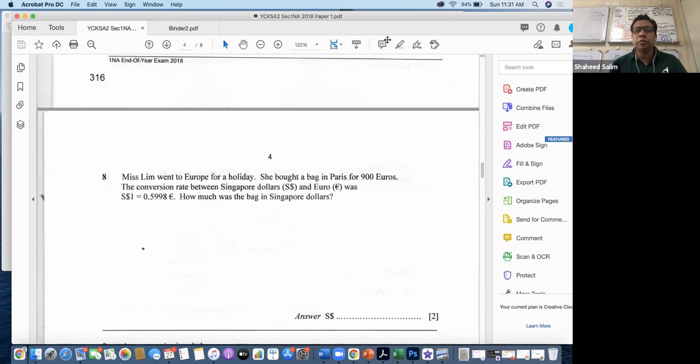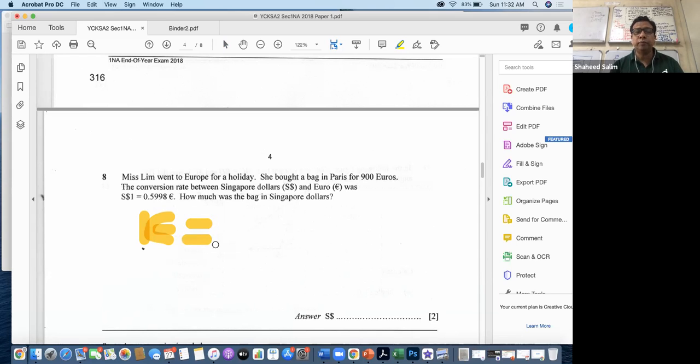Okay, so all you need to do is find out what €1 equals to. So €1, okay, how do we write the euro? Like that. Sorry. €1 is equal to.